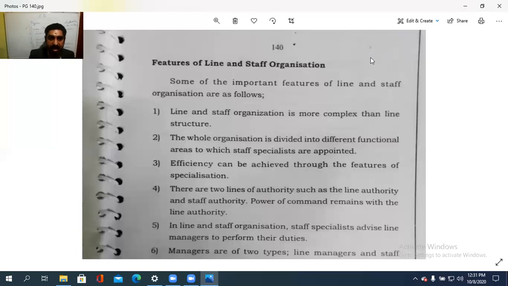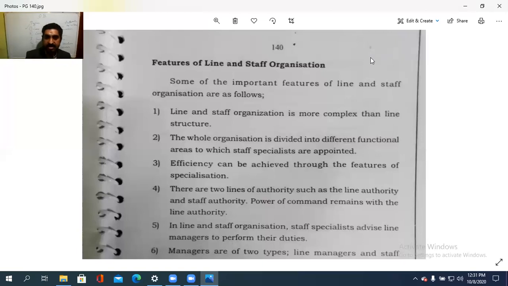So efficiency can be achieved. Then there are two lines of authority, such as line authority and staff authority. Power of command remains with the line authority. That means whatever is to be done, they are vested with the line, meaning the top manager, but they are getting the advice from the lower level. That is the main advantage of line and staff.